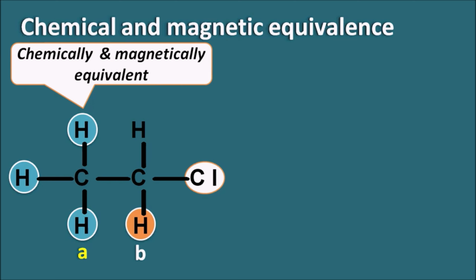So this is chemically not equivalent, therefore magnetically also not equivalent. And here we can also observe another proton which is equivalent to proton B. So in this compound we have two types of non-equivalent protons, indicated by letters A and B. Chemical equivalence is the equivalence in the linkage, and magnetic equivalence is the equivalence in the configuration or arrangement within space. Now let us take another example here.